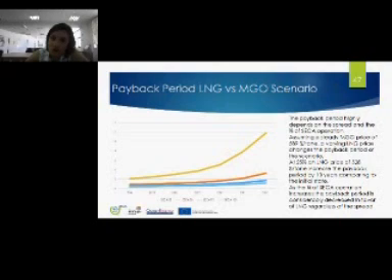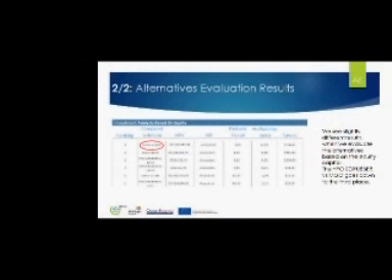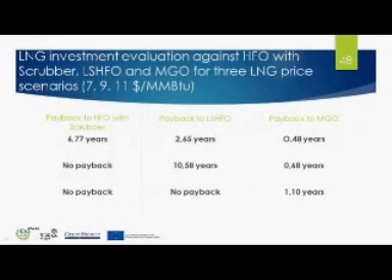We can see when we spend 25% of the time within the control area, the payback period is much lower. Here we consider the average prices of $7 per MMBTU, $9 per MMBTU, and $11 per MMBTU.